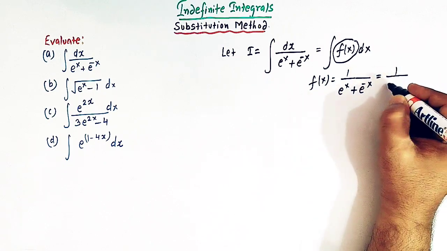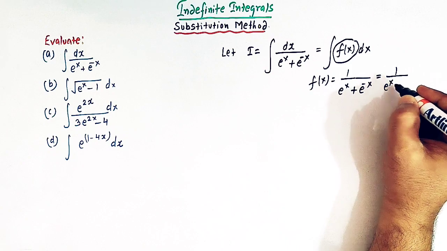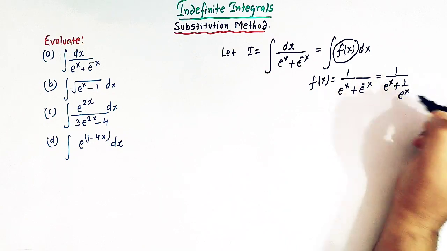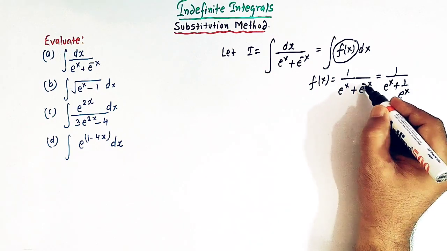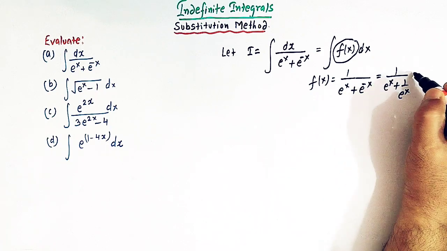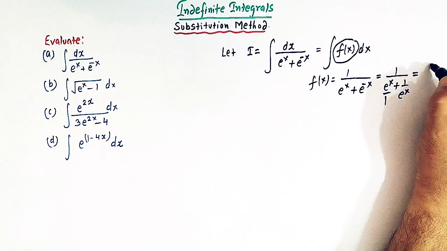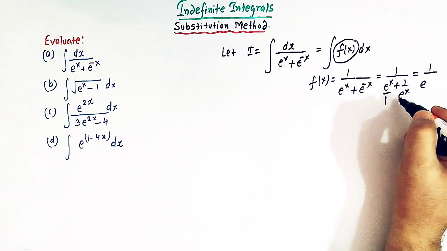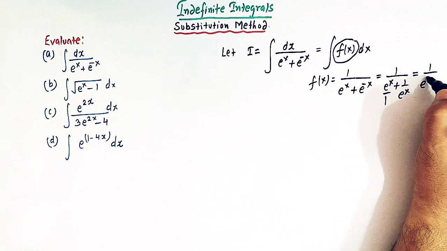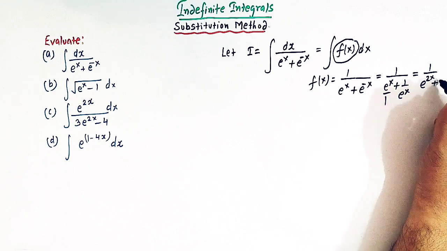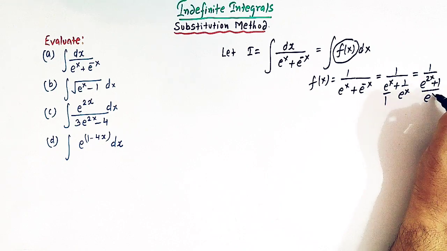We can write this expression as e raised to x plus 1 over e raised to x, because this is e raised to minus x. And here we can take the LCM. So we have 1 over e raised to x times e raised to x is e raised to 2x plus 1, divided by e raised to x.